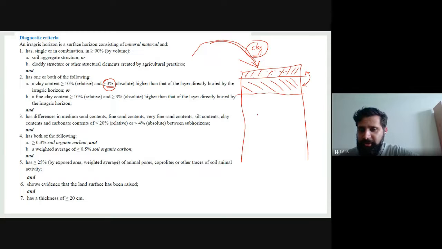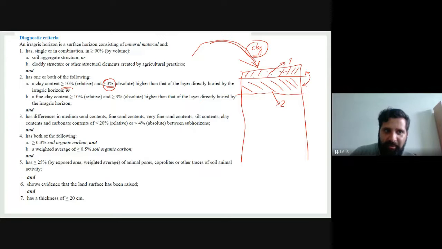So we just calculate the difference between the clay content of this horizon and this horizon. And if the difference is equal or higher than 3%, we could have an irrigate horizon. And the clay content should be 10% or higher in relative terms to follow the irrigate horizon criteria.